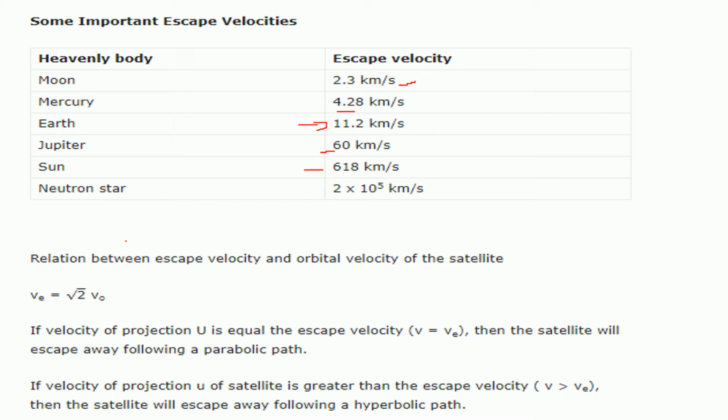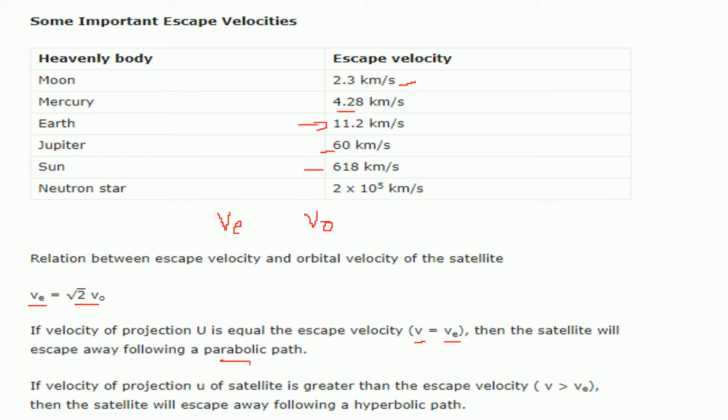So what is the relationship between V escape, that is escape velocity, and orbital velocity? The escape velocity is equal to under root 2 times VO, that is orbital velocity. So if the velocity of projection is equal to the escape velocity, that is V equal to VE, then the satellite will escape away from the Earth, or from the planet, using a parabolic path.